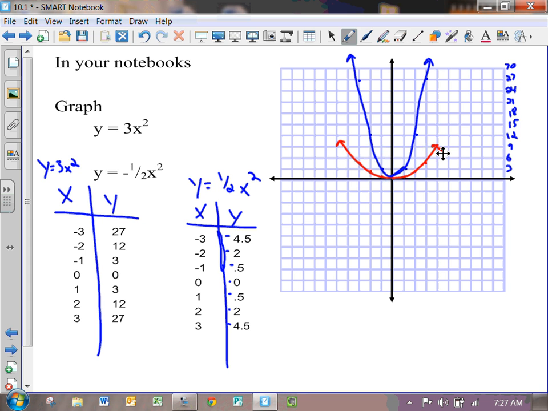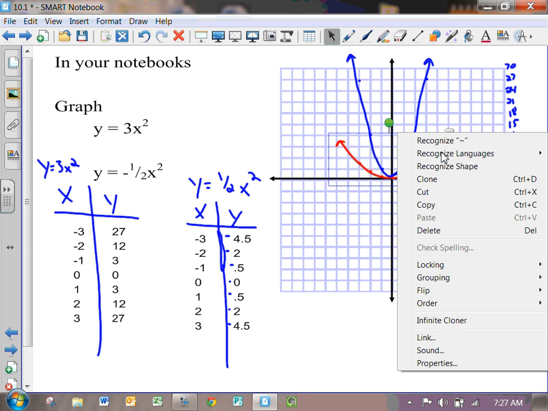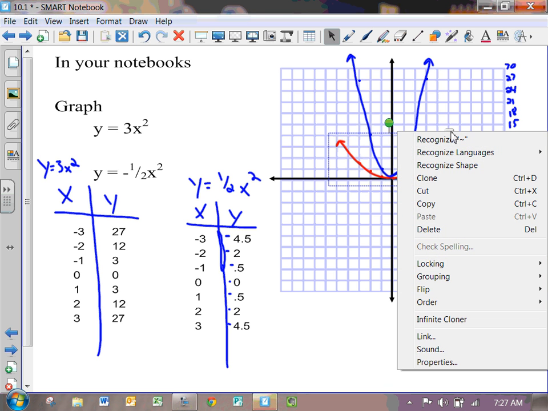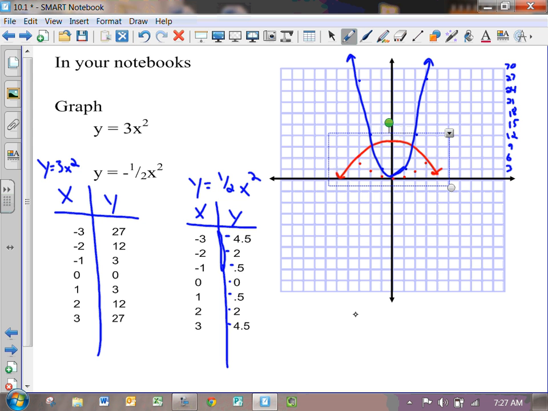This is actually going to be upside down. Sorry about that, I forgot there's a negative in front. So there's my other graph right there. It happens, even teachers do it.